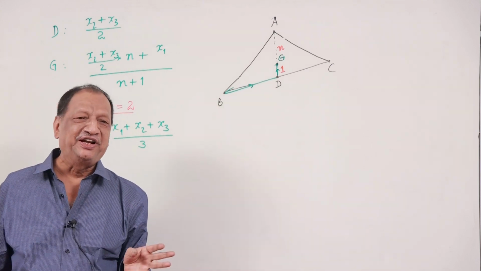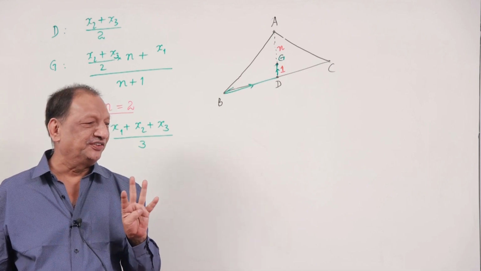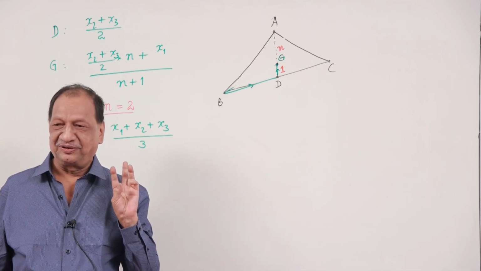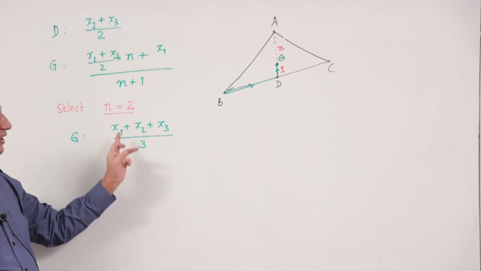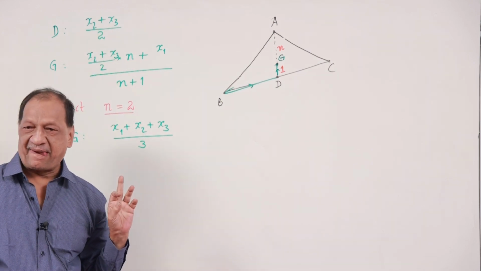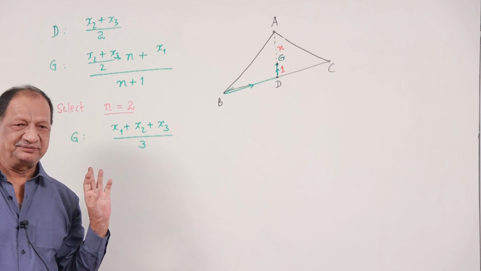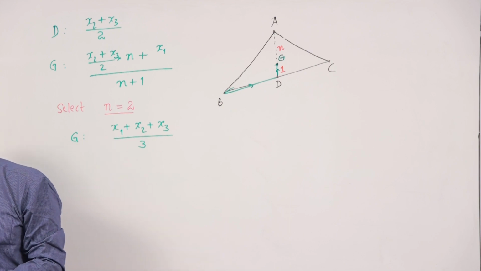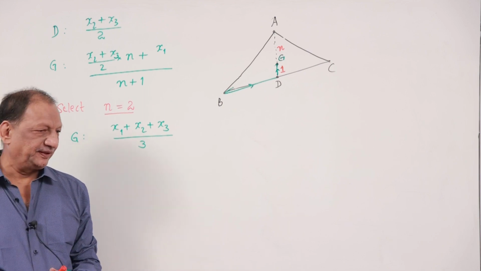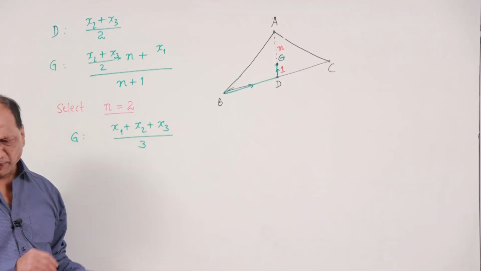Without drawing a single median, you can prove all the three medians are concurrent. No construction, no median. Just a simple algebraic proof because of symmetry. Correct? Is that clear? It will be no problem.